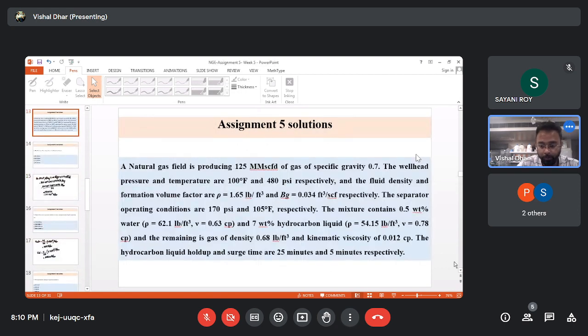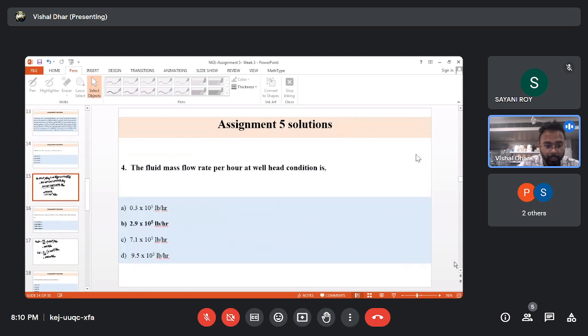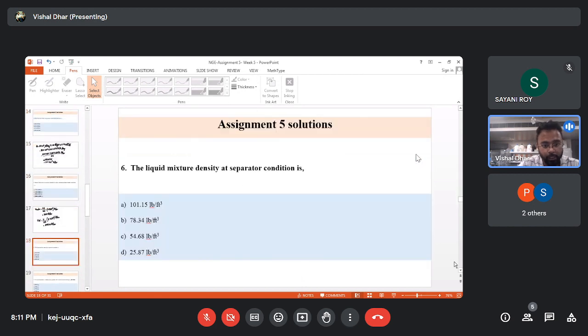So with this data only we are doing all these numericals. So now the question is: the liquid mixture density at separator condition is, the four options are: option A 101.15 lb per feet cube, 78.34 lb per feet cube, 54.68 lb per feet cube, and 25.87 lb per feet cube. These are the four options.